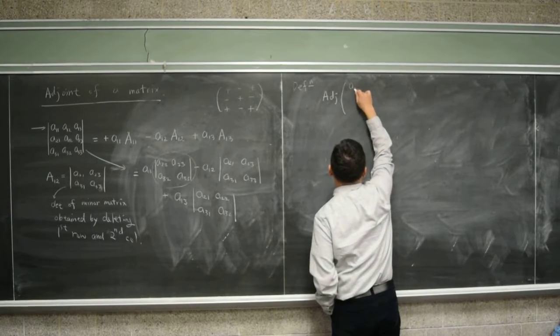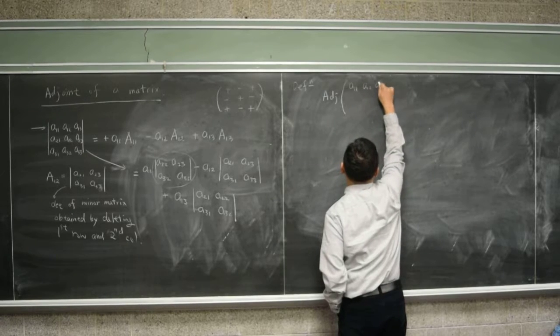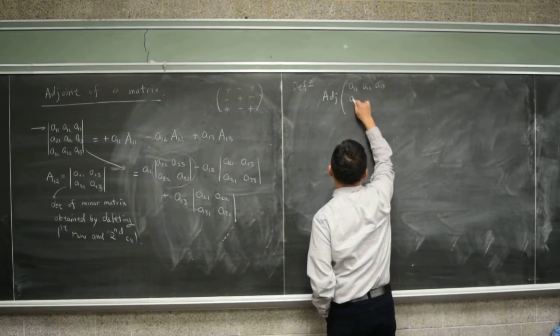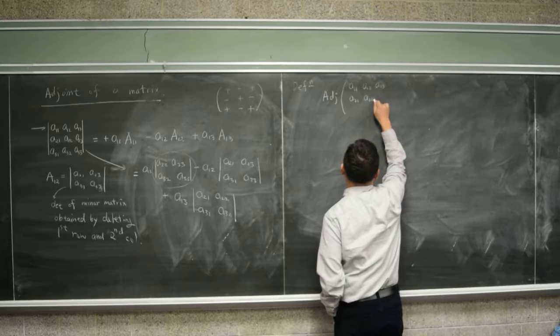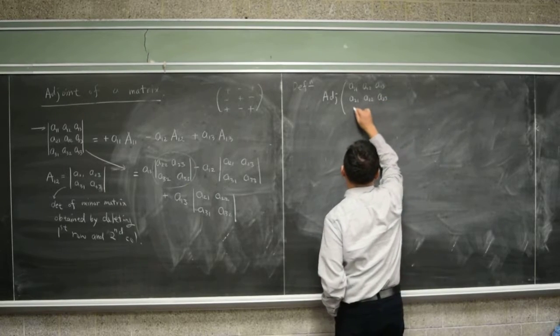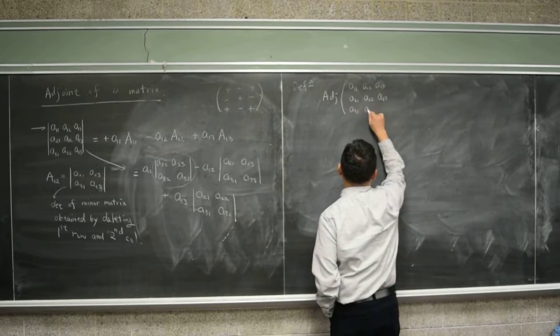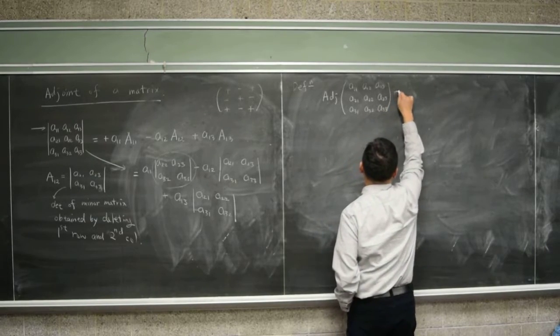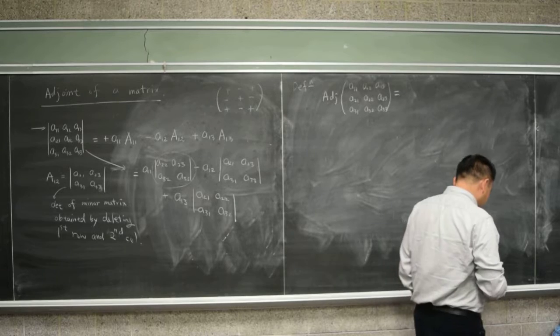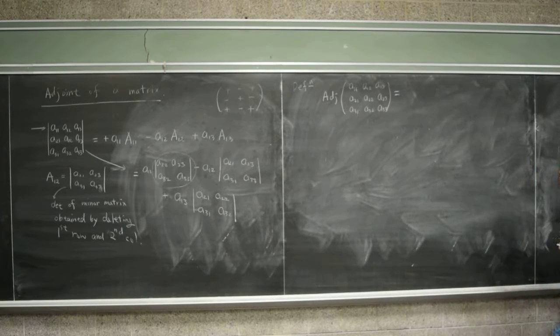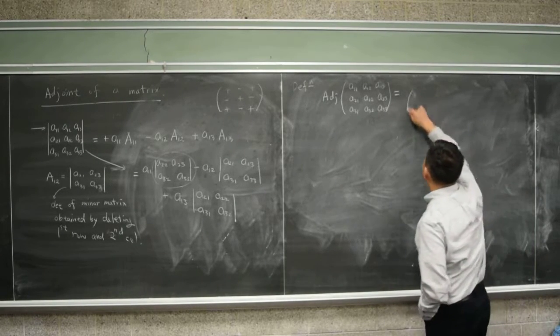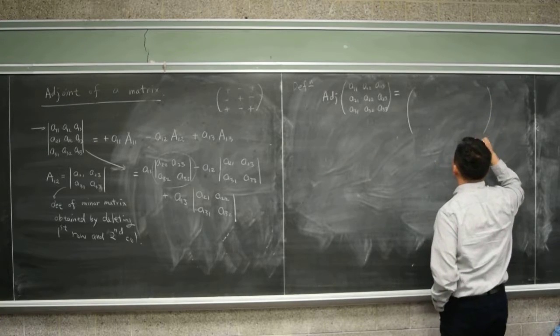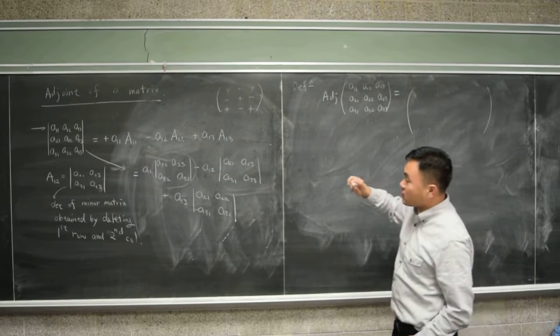The adjoint of the matrix A11, A12, A13, A21, A22, A23, A31, A32, A33 is defined as a new matrix out of the old, and it's defined like this.